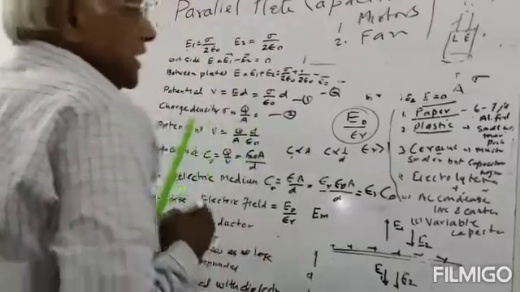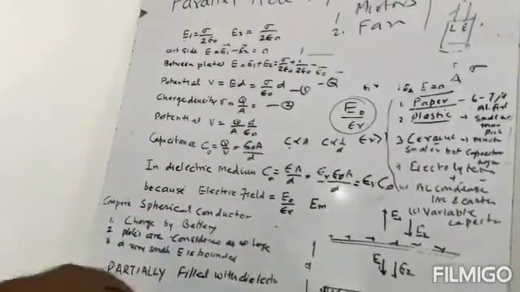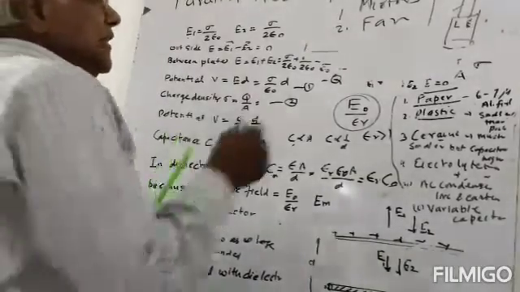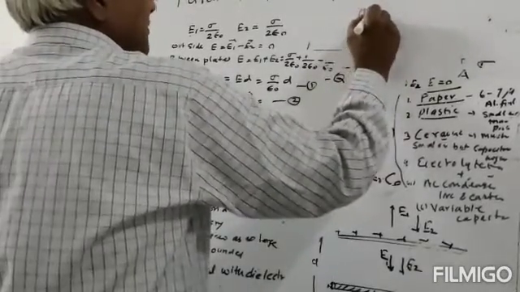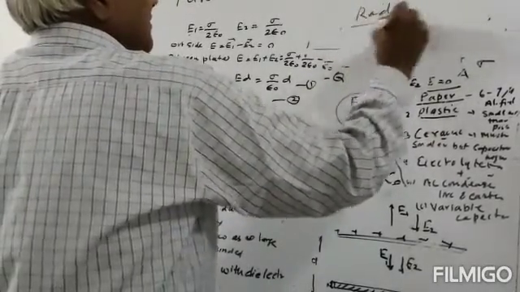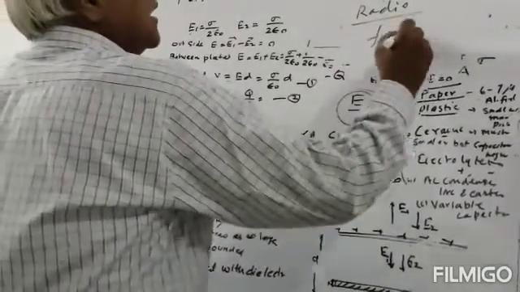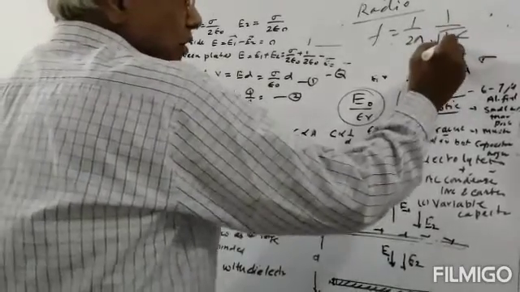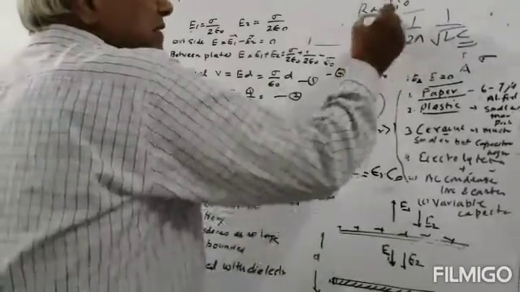And the last is the variable condenser. Variable condensers are those condensers whose capacitance can be varied. Now these capacitors are used in radio, because we know that frequency is equal to 1/(2π√LC). Now you can vary the C, then the frequency will be changed.